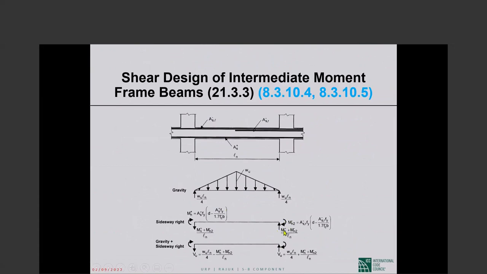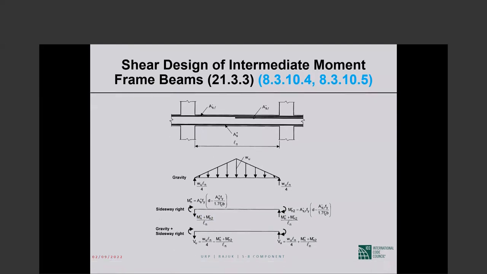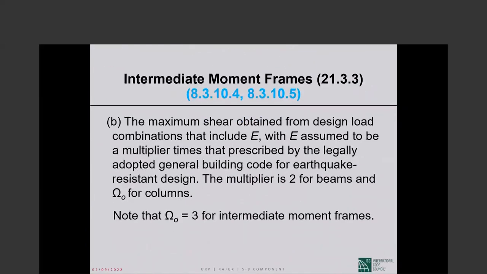Okay, so the shear calculation shall be based on moments equal to the nominal moment strength acting at the two ends of the beam. It's probable moment strength in the case of special moment frame beams, nominal moment strength in the case of intermediate moment frame beams. That is one choice for intermediate moment frames.